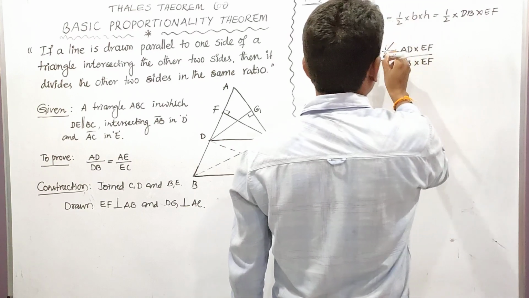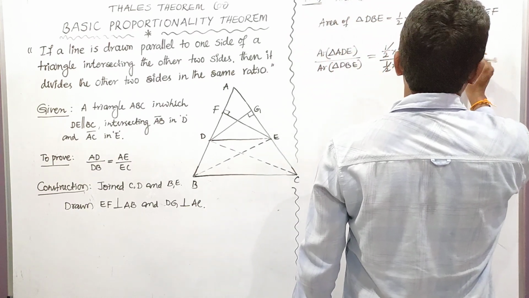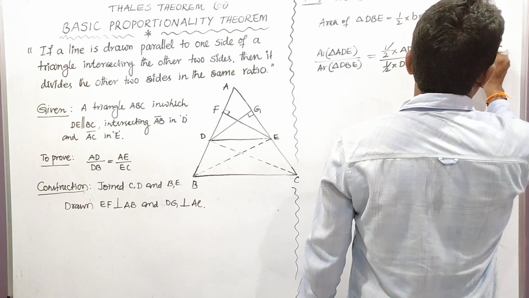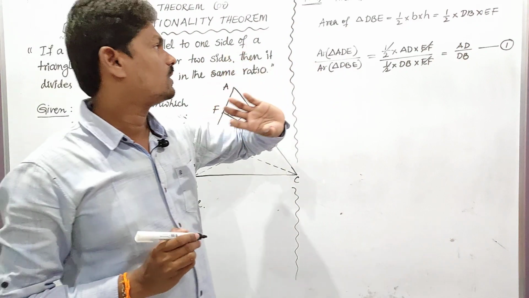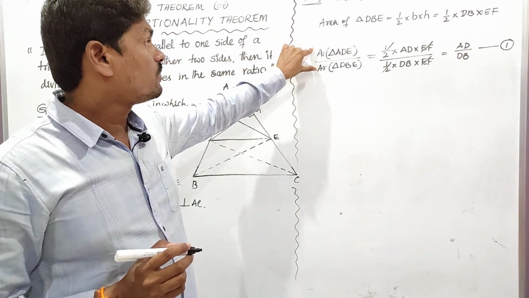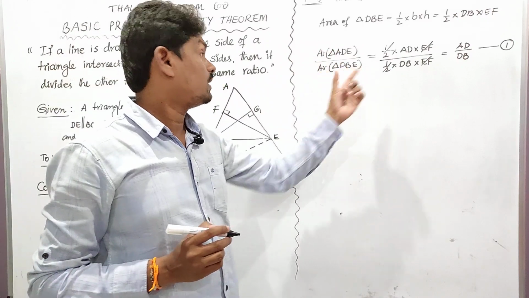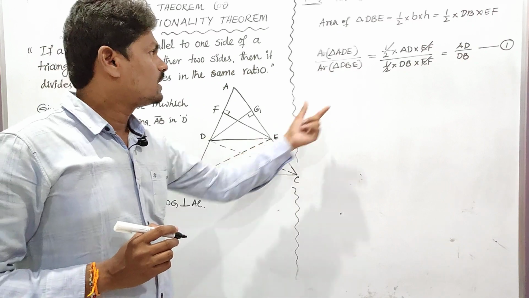So see student, half gets cancelled, EF gets cancelled. What is left? AD divided by DB. Let it be equation number 1, student. Here we have found area of triangle ADE divided by area of triangle DBE.